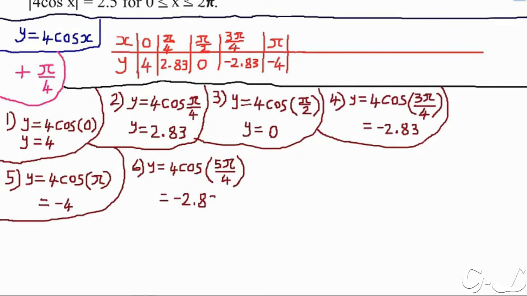When you do the calculations on your calculator, it will give you negative 2.83, and the values go like that, but we are rounding the values off. So here it is, 5 pi over 4, negative 2.83. Again, let's now go to another one.